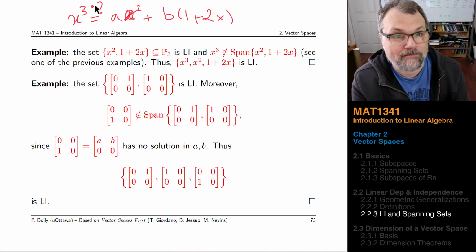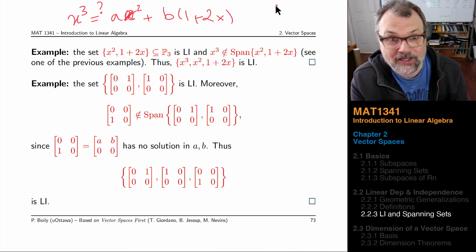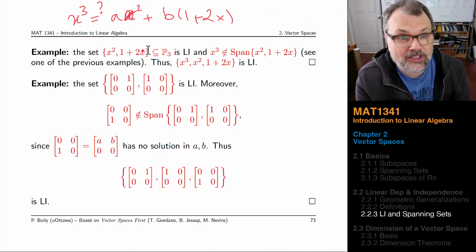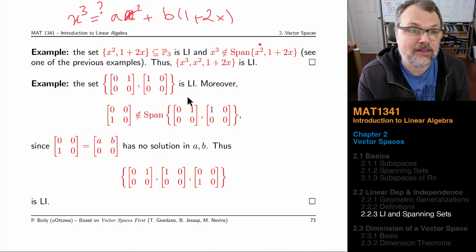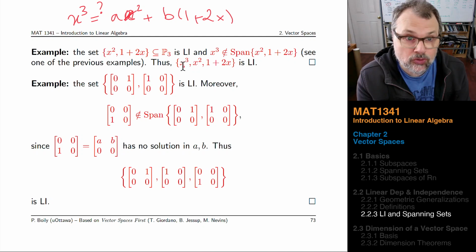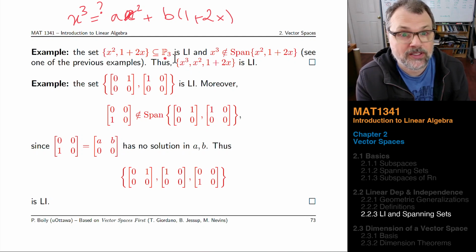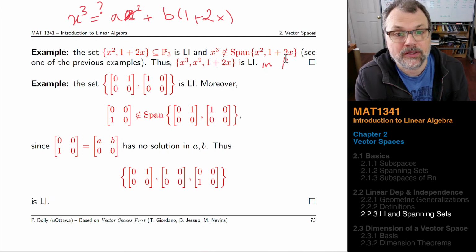And I should have a way to pop up an x cubed in here, and I don't have an x cubed. So clearly x cubed is not a linear combination of these things. What that tells us then is that the set that contains x cubed together with x squared and 1 plus 2x is linearly independent in the space of polynomials of degree 3 or lower.